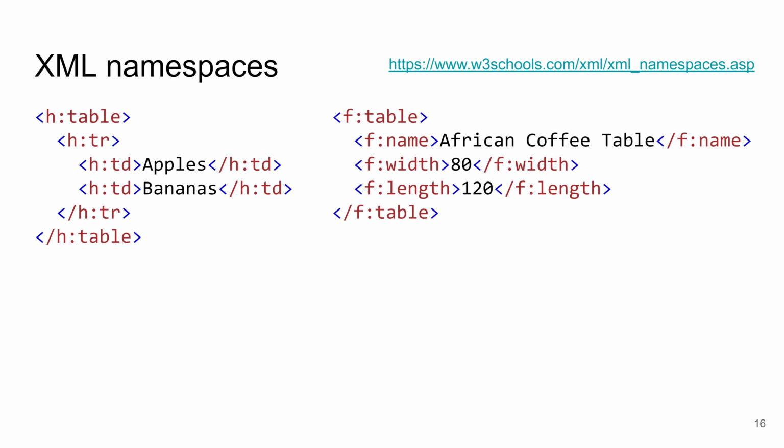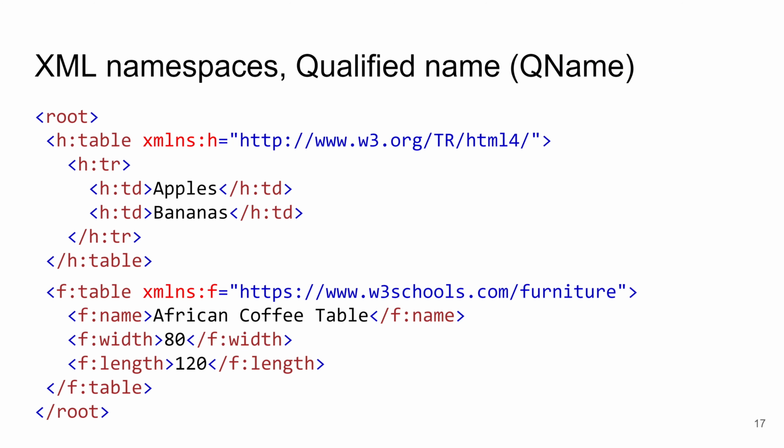And then we'll have a namespace denoted f, and this namespace will contain all the element names regarding furniture. So from now on, if we see something like this, a string, then a colon, and then a name in a start and end tag, we'll know that this is actually an element name within a namespace. And we do this so that we can clearly identify what each element means.